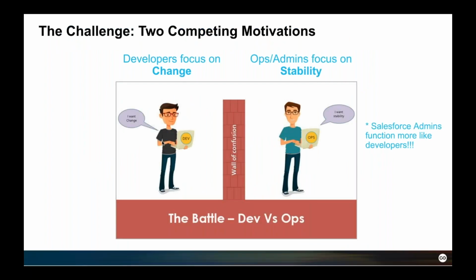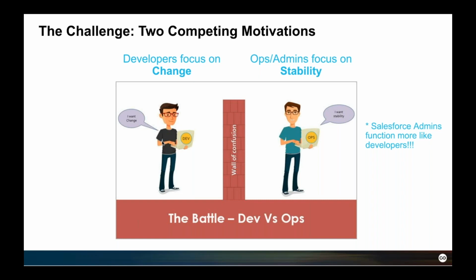Now, the challenge in DevOps has always been two real competing motivations. And Andrew, you've got a lot of experience with the developers out there. What are the two motivations that really define DevOps? Yeah, the reason the whole term DevOps came into existence is because traditionally within the IT world, you'd have a whole group of people who build new stuff and a whole separate group of people who run it in production.